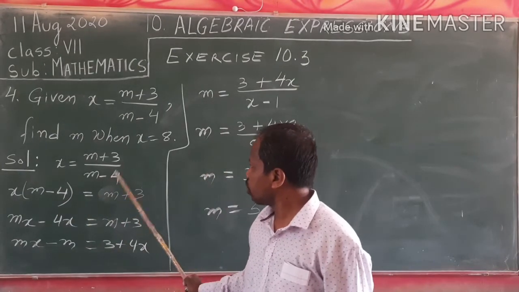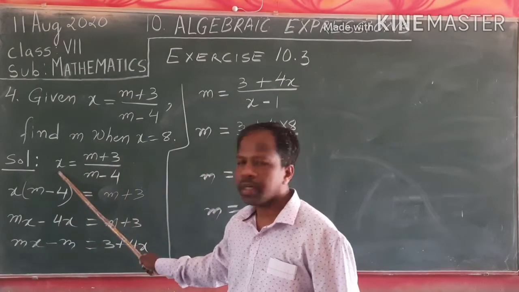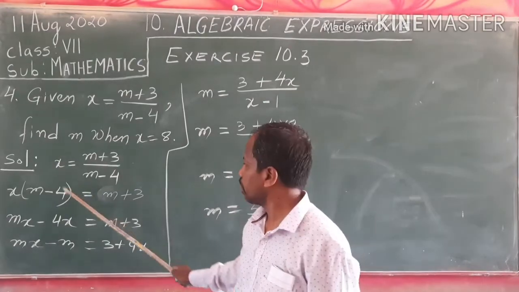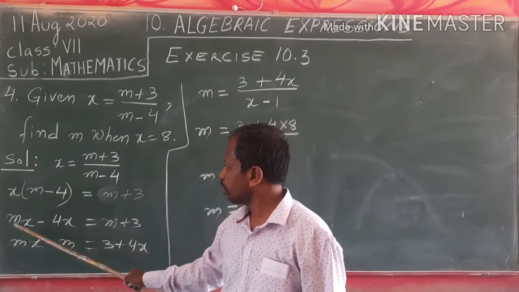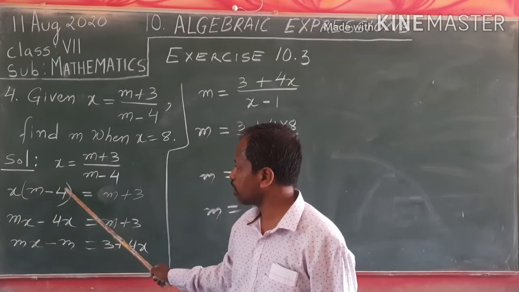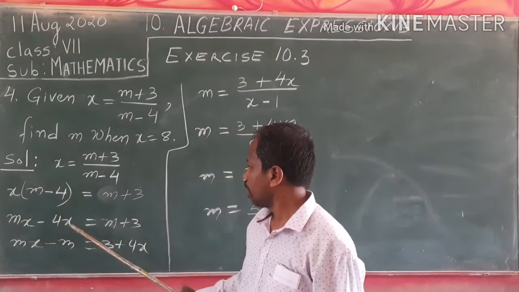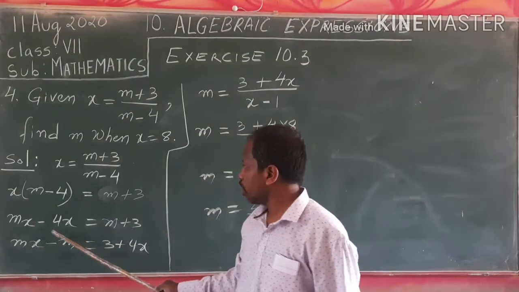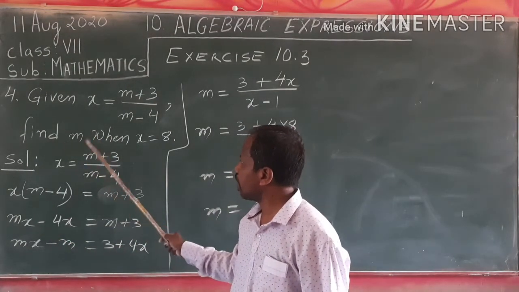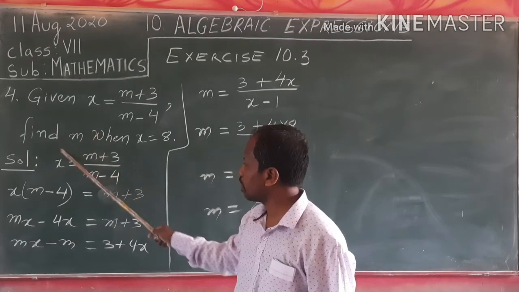Now on taking this one to the left hand side, on transposing and multiplying, we get mx, multiplying with 4, we get 4x. On the other side we have plus 3. Now, since we need m on the left hand side, what we have to do?